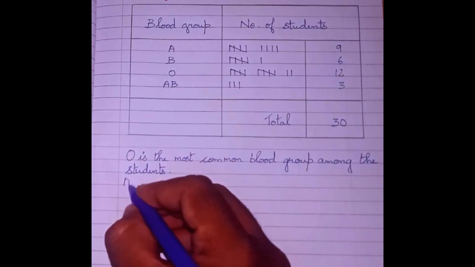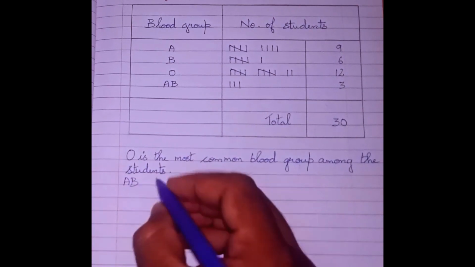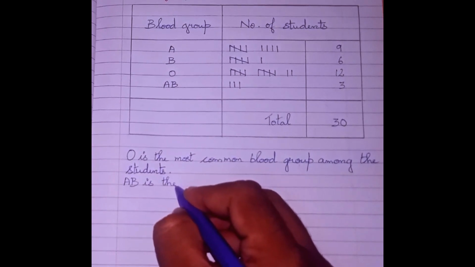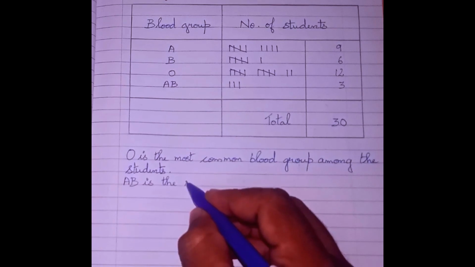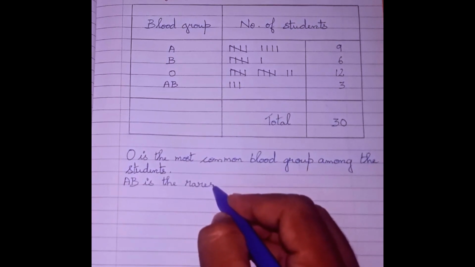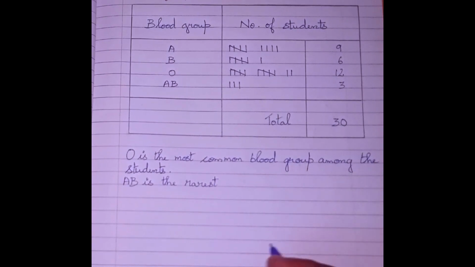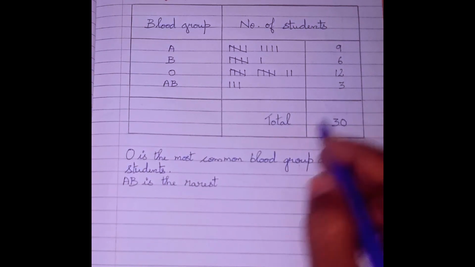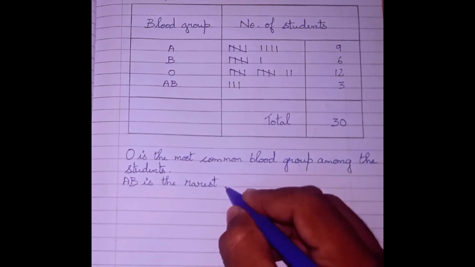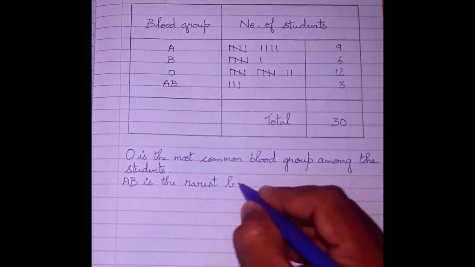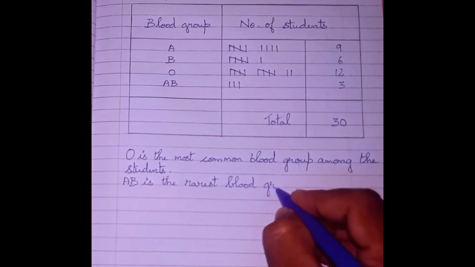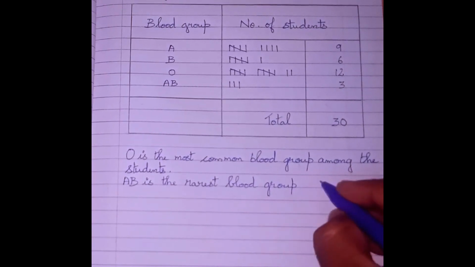So AB is the rare blood group, means it is not found in many people. So we can see that AB is the minimum one. So AB is the rarest blood group among the students.